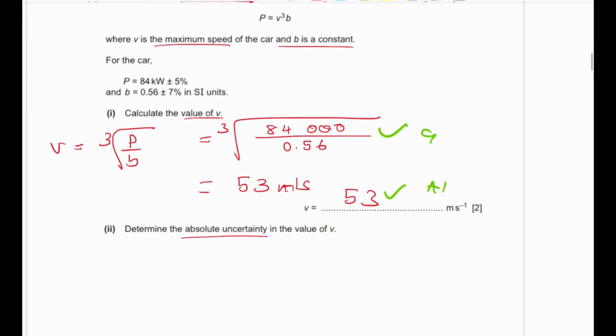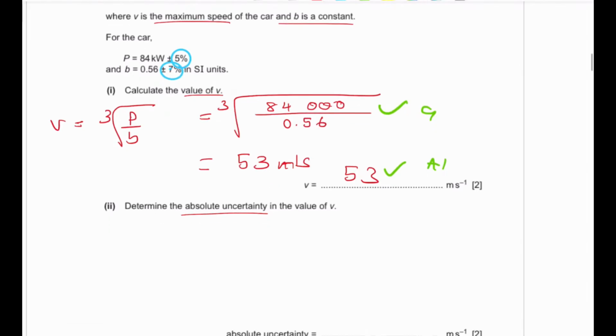Because, as you can see over here, I've been given these percentage uncertainties. So I can use that to find the percentage uncertainty in v, and then find the absolute uncertainty.